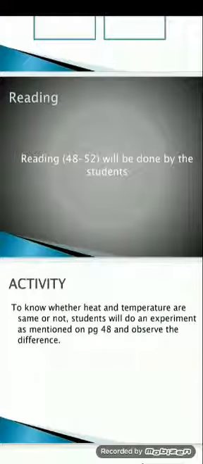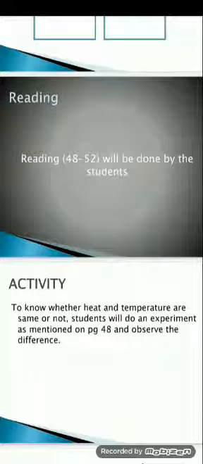Sometimes we think that heat and temperature are the same, but this is not the case. Temperature and heat are both different concepts. Although they are related to each other, they are different. Heat is the total energy of molecular motions in a substance. You have studied that every matter has particles in it.